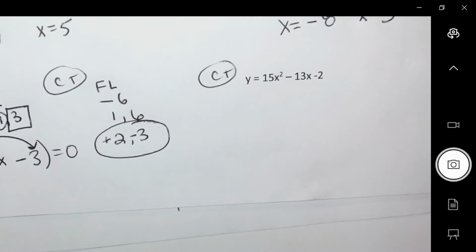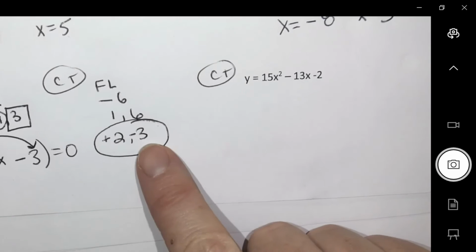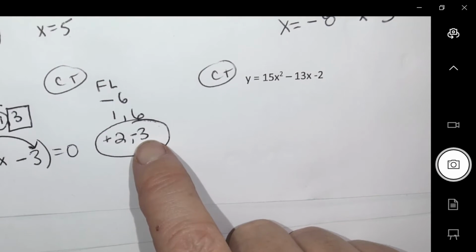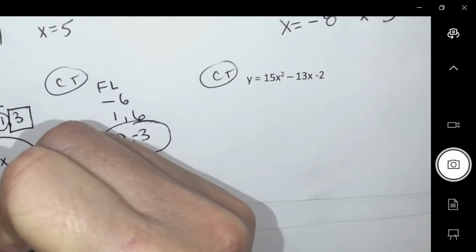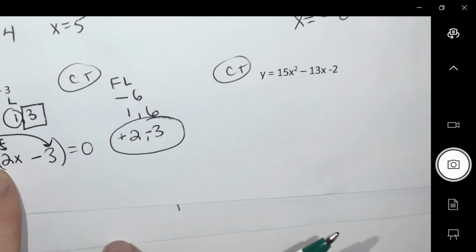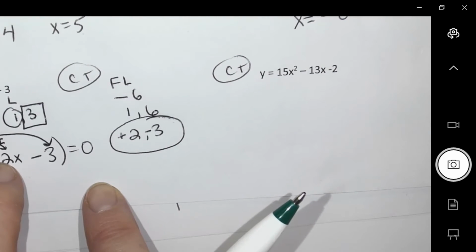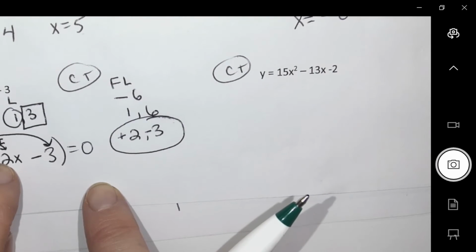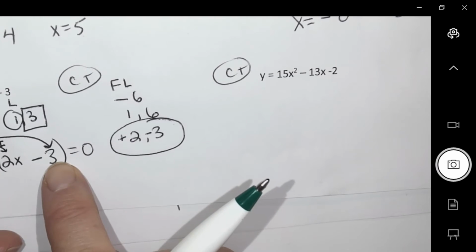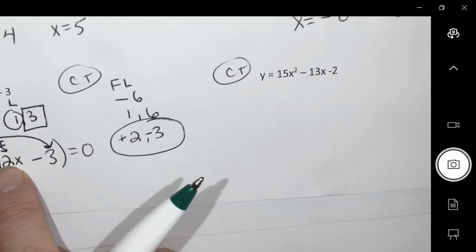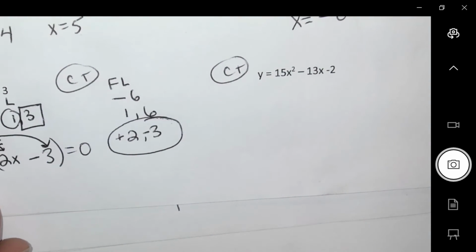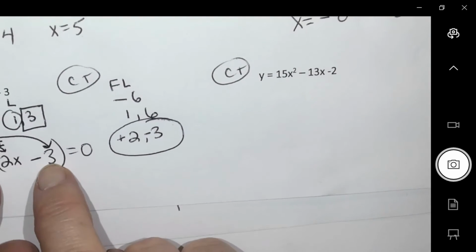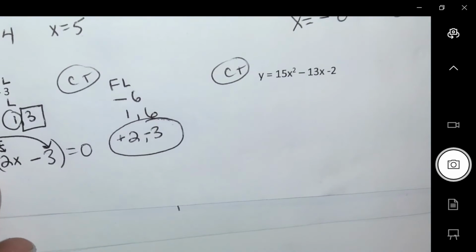And I'm going to put a minus in front of the 3 because I told myself that needed to be minus 3x. We partnered the 2x with a 1, and we wanted a plus 2x. So do you see my outer is minus 3x and my inner is plus 2x. So I got the -1. Last times last makes a -3.